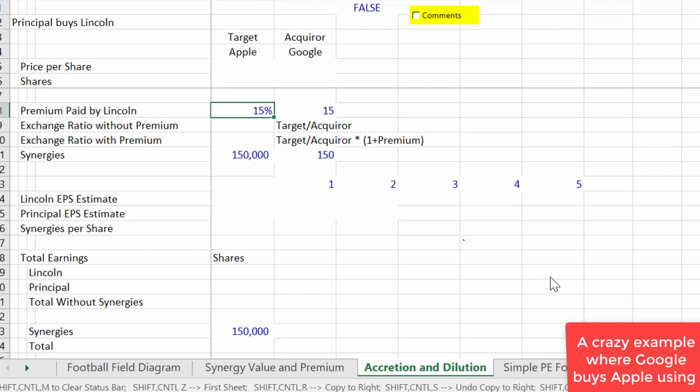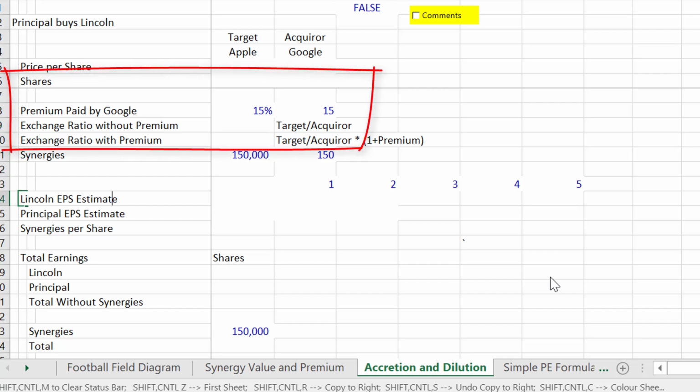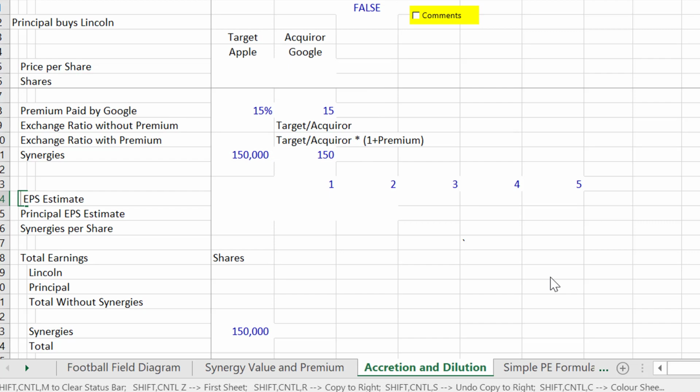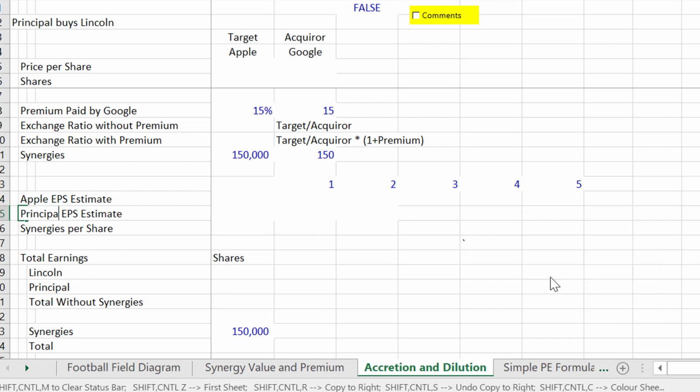We're going to have a premium paid by Google, because they're the acquiring company. And then we're going to have the estimate from the market of Apple, and then Google, because Google's going to say, I'm going to buy you.